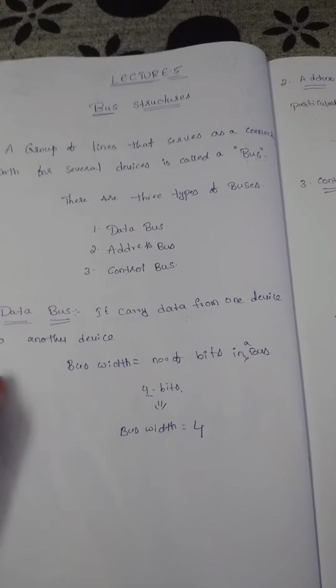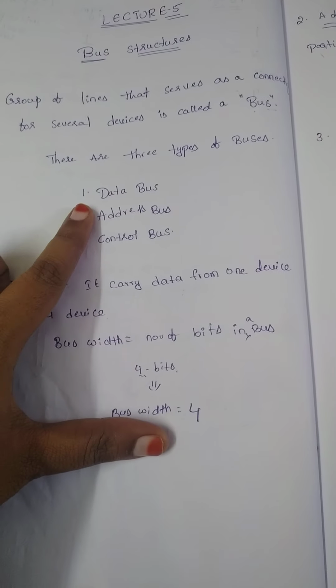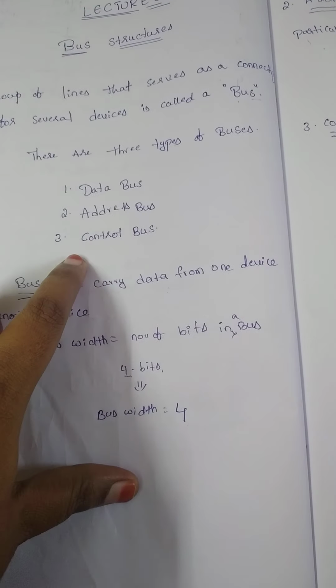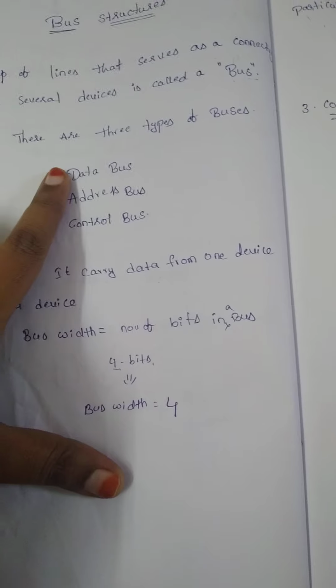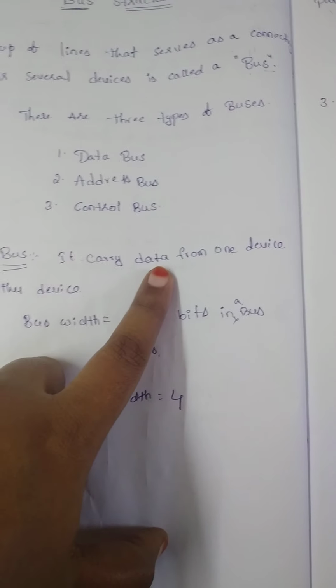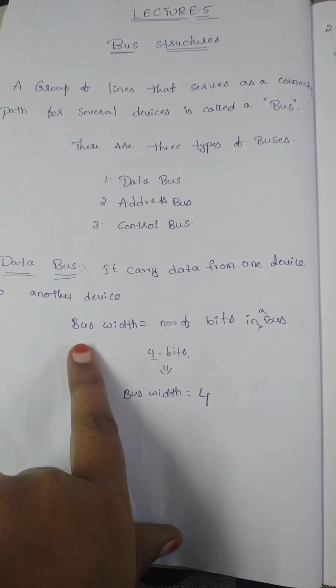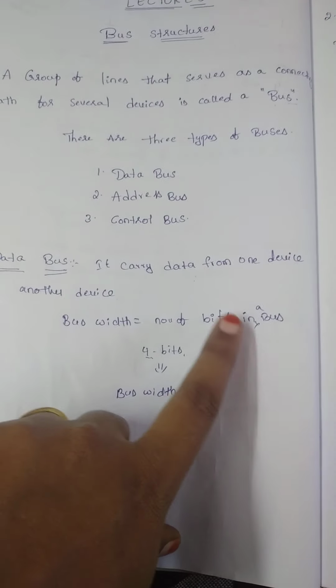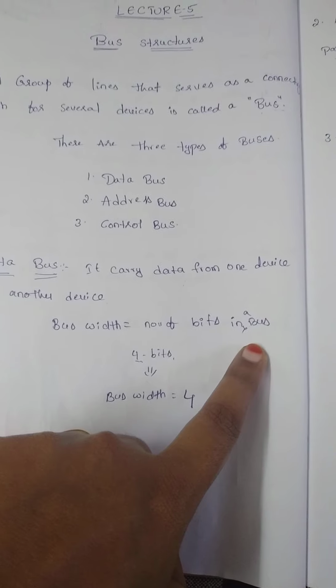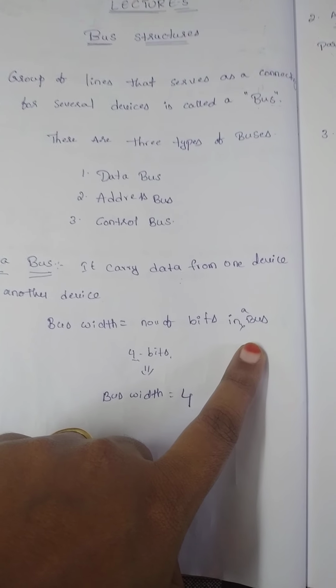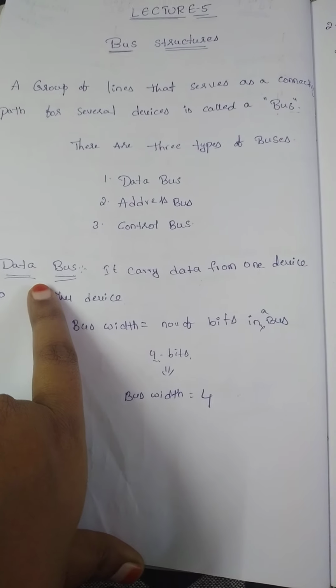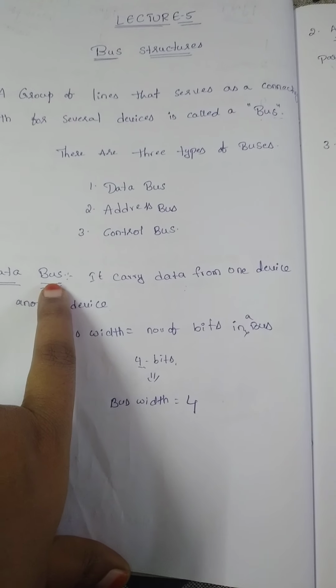Mainly we use three types of buses: data bus, address bus, and control bus. The data bus transfers data from one device to another, and its bus width is the number of bits in the bus. Suppose we are transferring 6 bits using the data bus, then its bus width is 6.